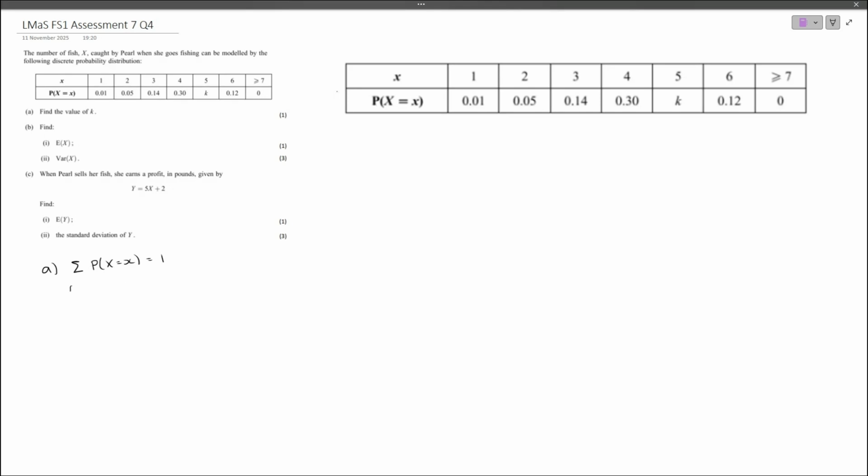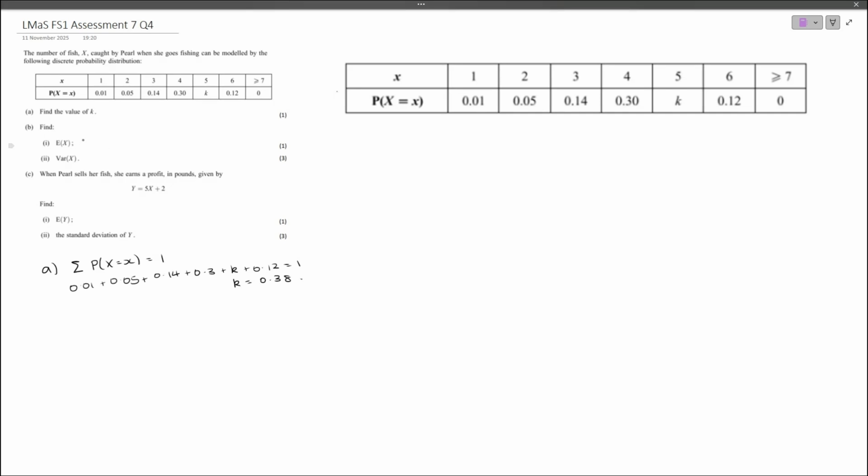We can say that 0.01 plus 0.05 plus 0.14 plus 0.3 plus K plus 0.12 is equal to 1. And rearranging this, we're going to get that K is equal to 0.38.